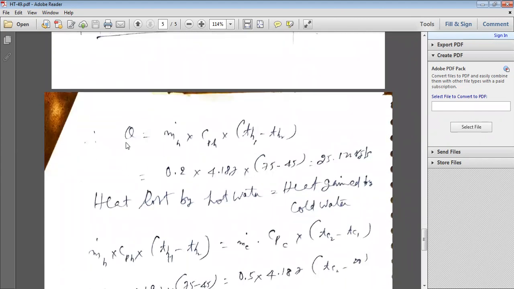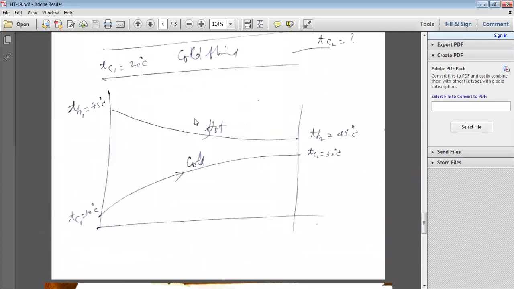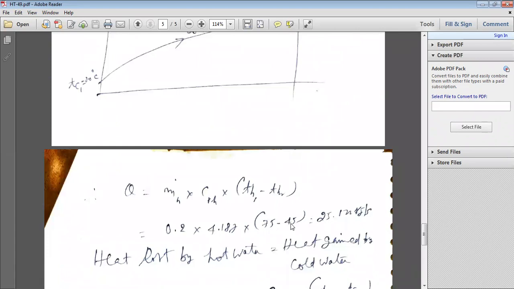So heat transfer rate with the help of the hot water: m dot h into Cph into TH1 minus TH2. Now mass of the hot water 0.2, into the specific heat of the water 4.187 kilojoules, into TH1 75, TH2 45.